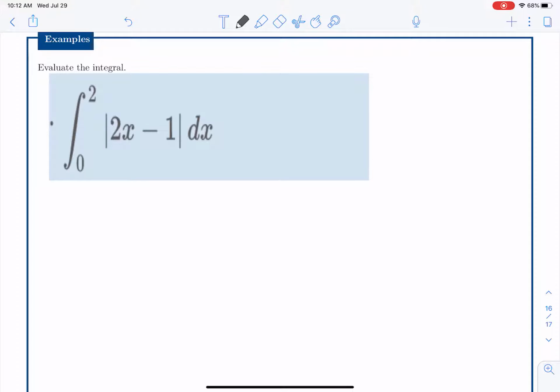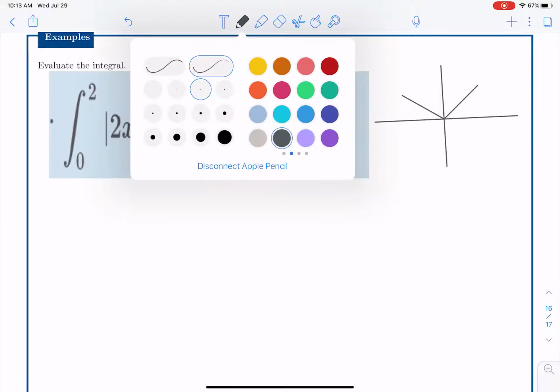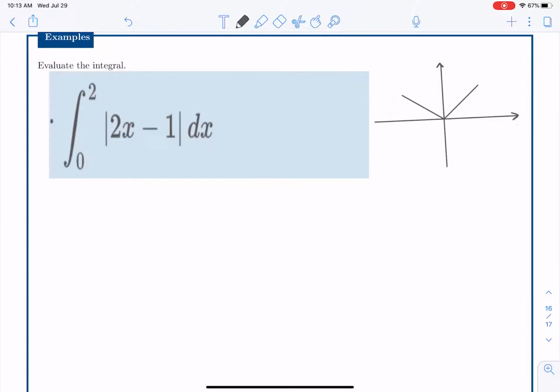Now recall, a regular absolute value function has a V-shape, and the vertex point is at 0.